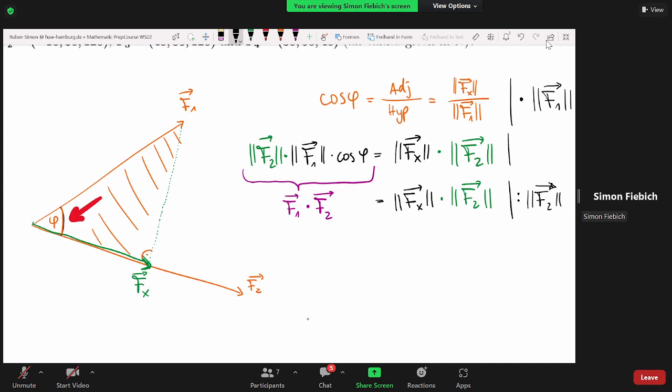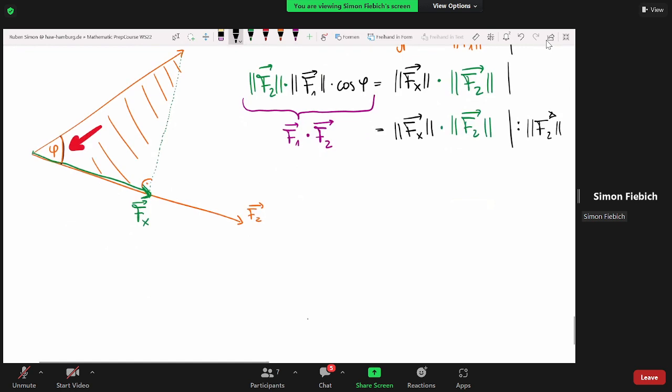And Fx is the vector that we want to find. Remember that. So this would be the scalar product of F1 and F2, now divided by the magnitude of F2. And on the right side, it would still be the magnitude of Fx.